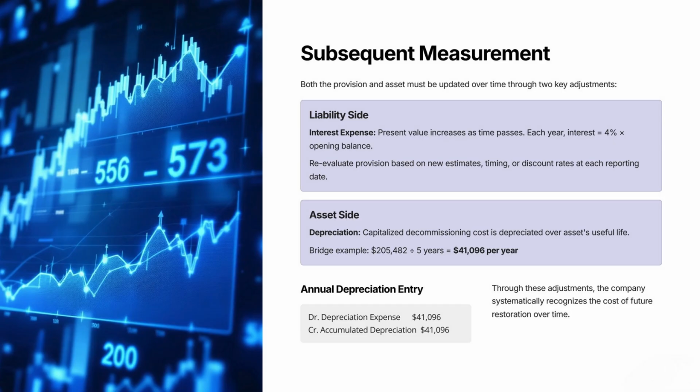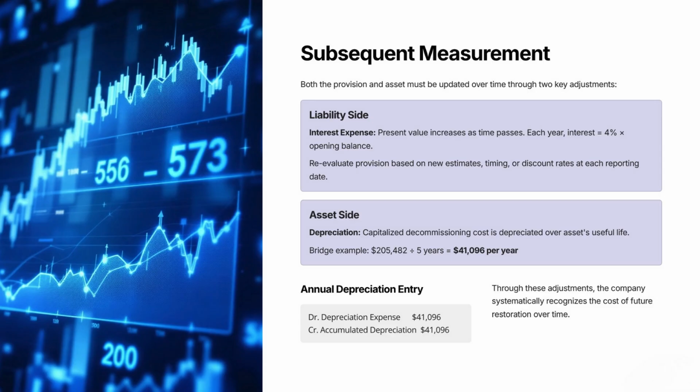Once recognized, both the provision and the asset must be updated over time. On the liability side, at each reporting date, companies reevaluate their provision based on new estimates, timing, or discount rates. Also, since time is passing, the present value increases, and that increase is recognized as interest expense.